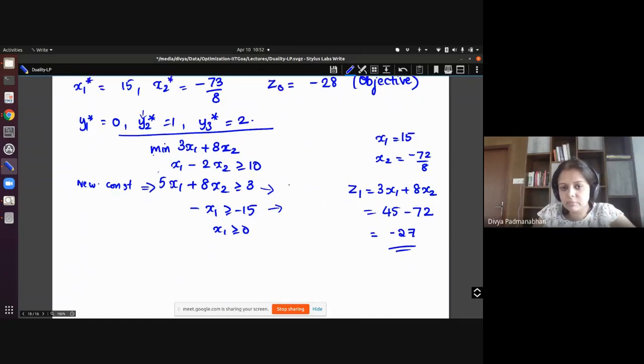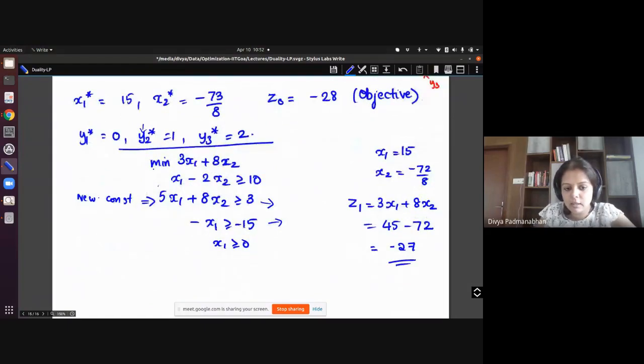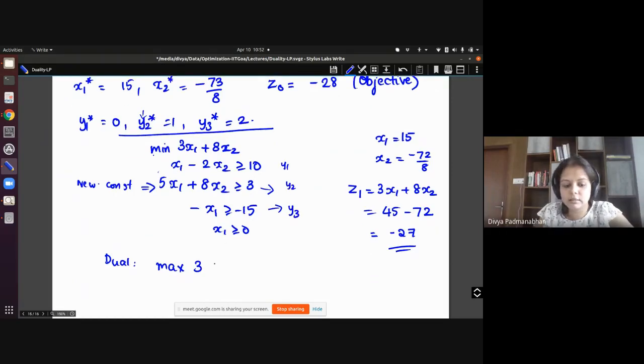So just compute the dual for this problem. The objective is the only thing which changes here. So this was y1, y2 and y3, right? So this was just going to be maximize 10 y1.